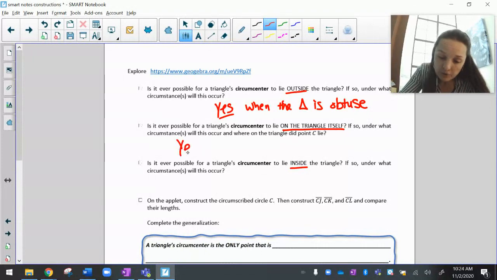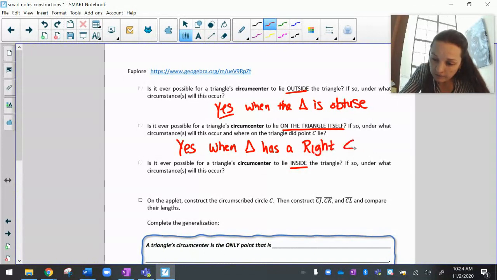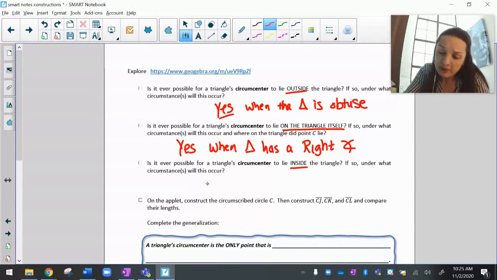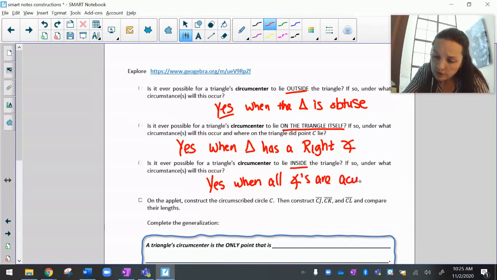We had that happen too, yes, when the triangle has a right angle, it is a right triangle, pardon me, hiccups. And is it ever possible for the triangle circumcenter to be inside? Yes, when all angles are acute.